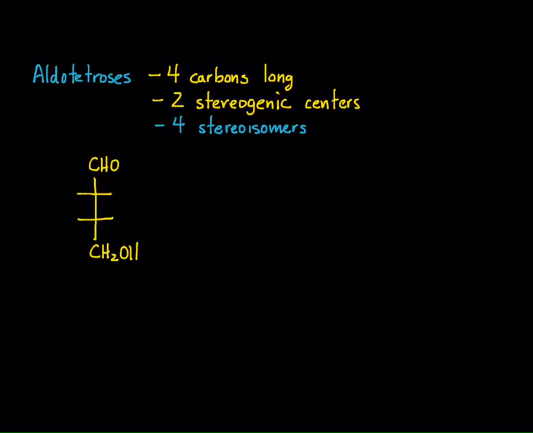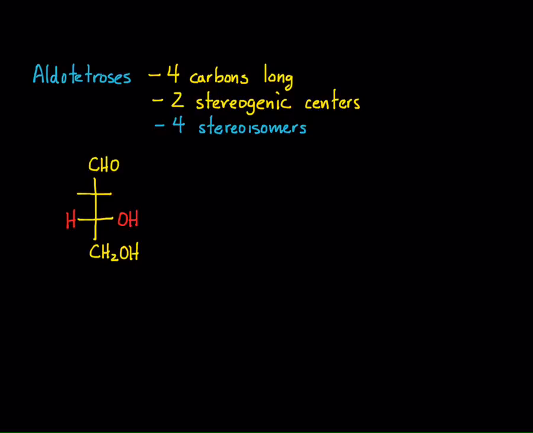So the first one we're going to take a look at, we're going to start with this kind of backbone, right, where I've simply now, instead of having 1 line, I have 2 lines. Each horizontal line represents a carbon that is a stereogenic center. And I'm going to start with the OH at the bottom. Remember, that is called the configurational carbon.